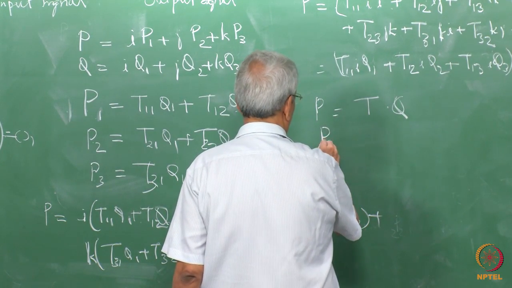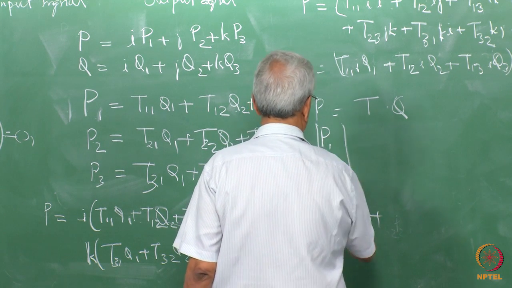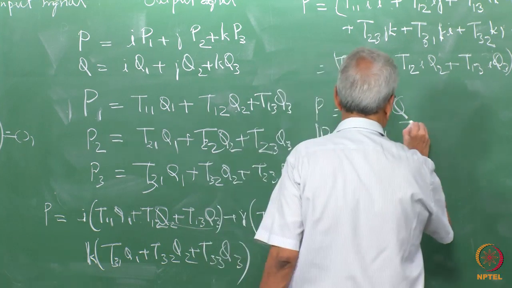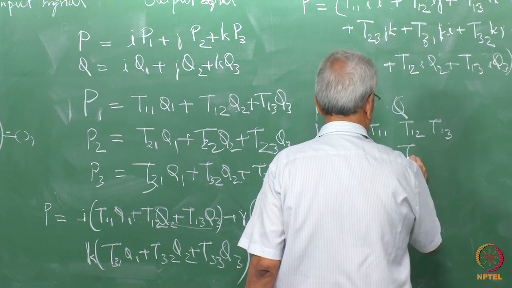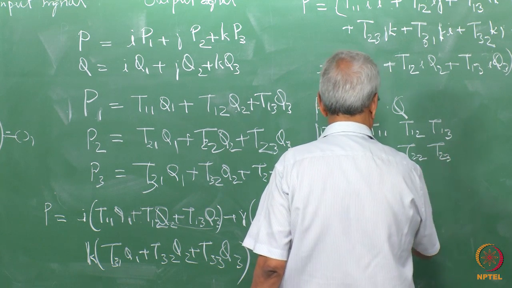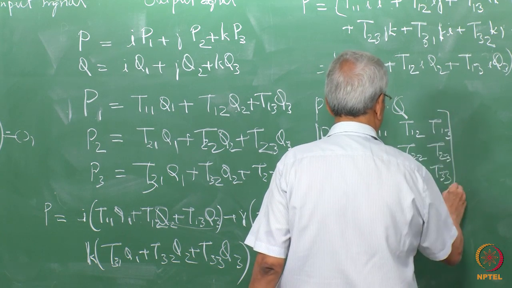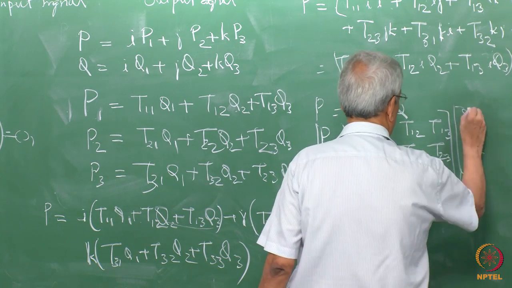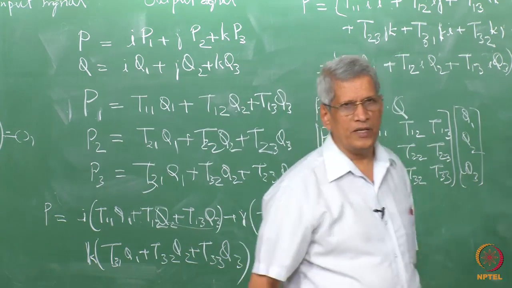That's why we write it in the form P1, P2, P3. This is only for the components. This is the actual detailed way in which the vector has to be written.